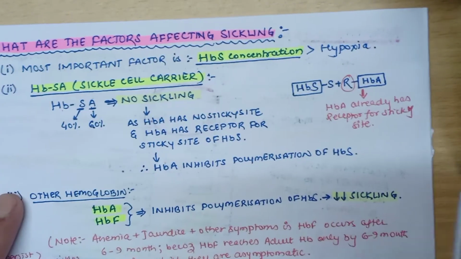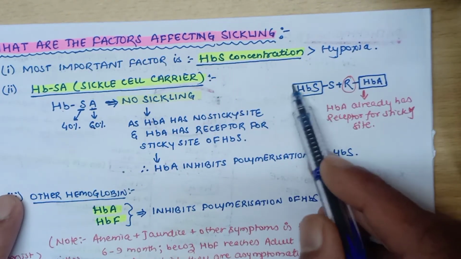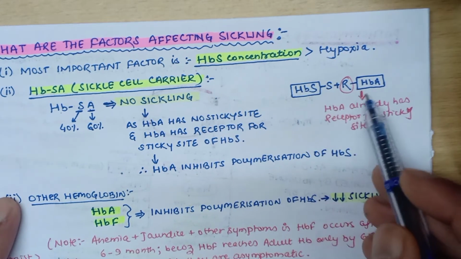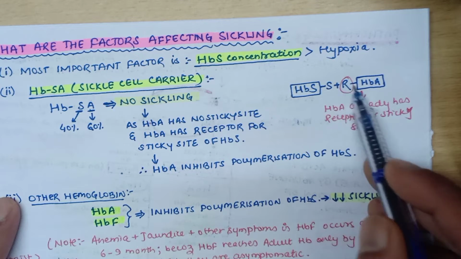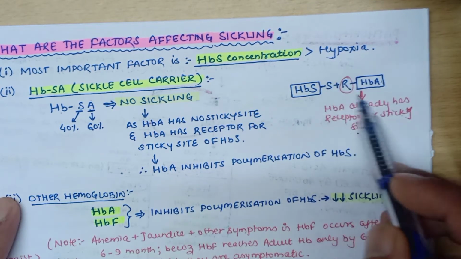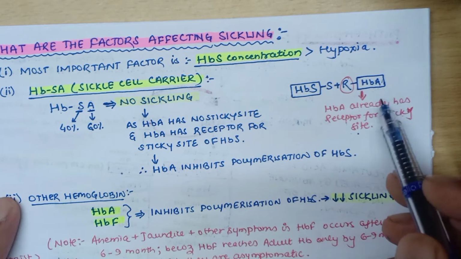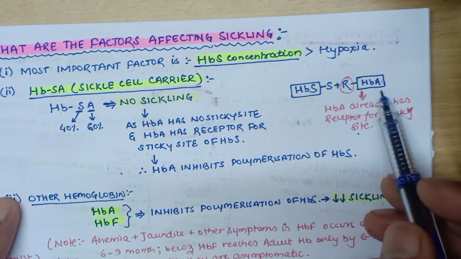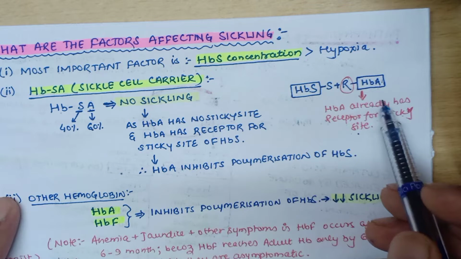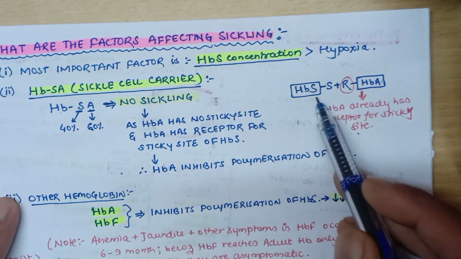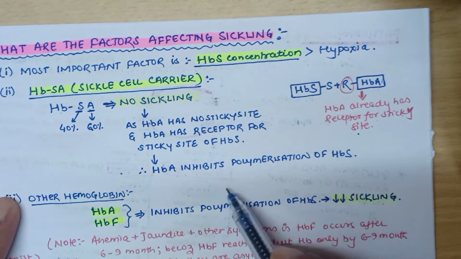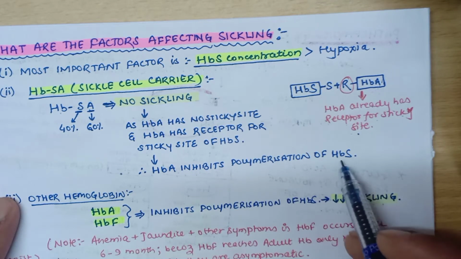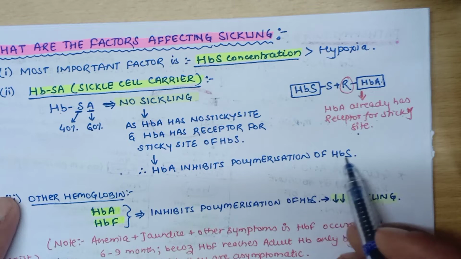So you see here, this HbS has a sticky site, whereas HbA has no sticky site. So this will inhibit the polymerization of HbS. As HbA has no sticky site and already has a receptor for the sticky site of HbS, it will cause inhibition of polymerization of HbS. Therefore there will be no sickling.